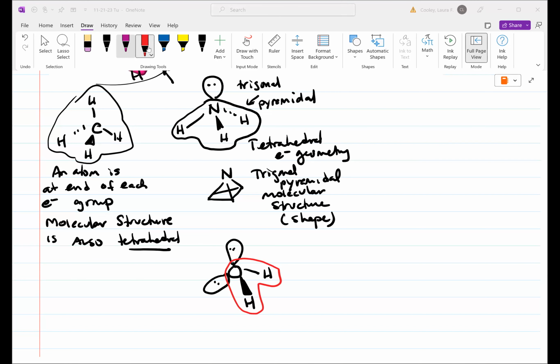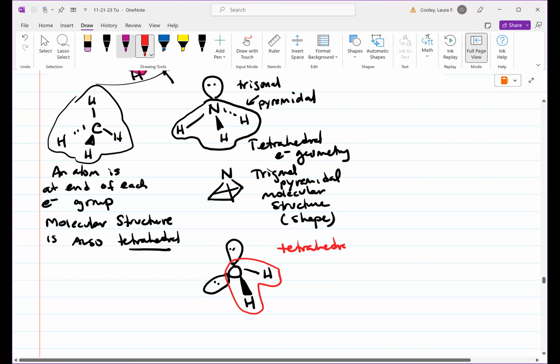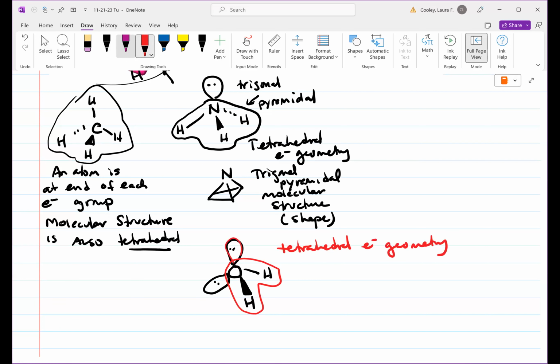So this again has a tetrahedral electron geometry because it does have 4 groups of electrons, but we say that the molecular structure or molecular geometry or shape is bent. Because that's what it is. It's just bent. Okay.